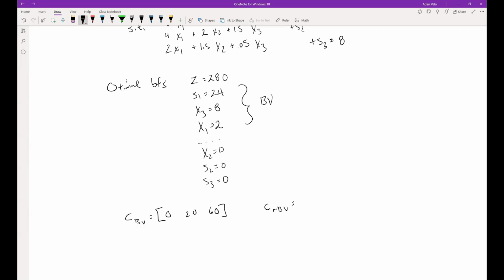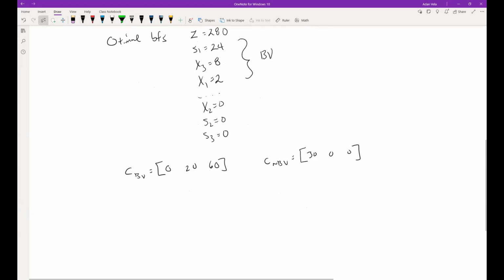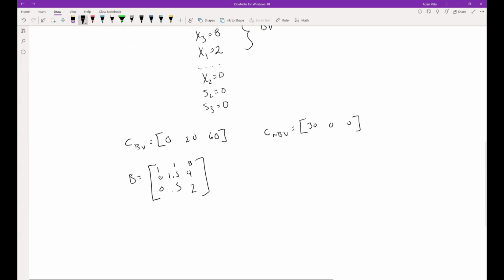CNBV is 30, 0, 0. And again, this is the same problem we've been playing around with. I'll go ahead and write B inverse because we've already solved for it.